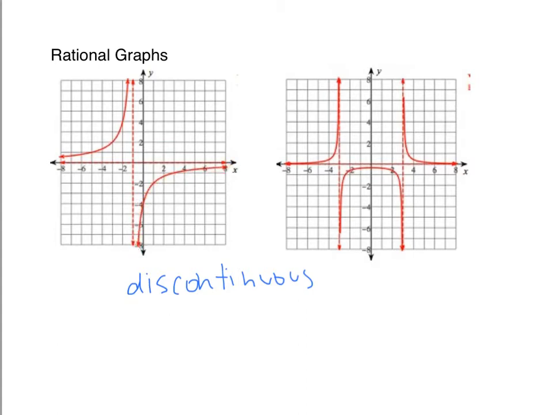Here we actually have two discontinuous breaks. We have this piece of the graph broken up, then a break, then another section here in the middle, another break in the graph, and then here is the last piece of the rational function.